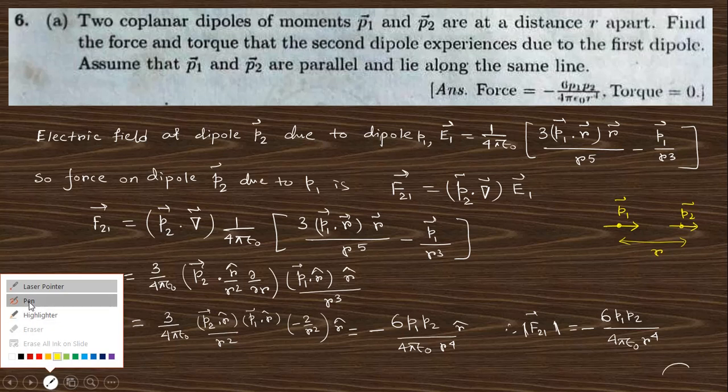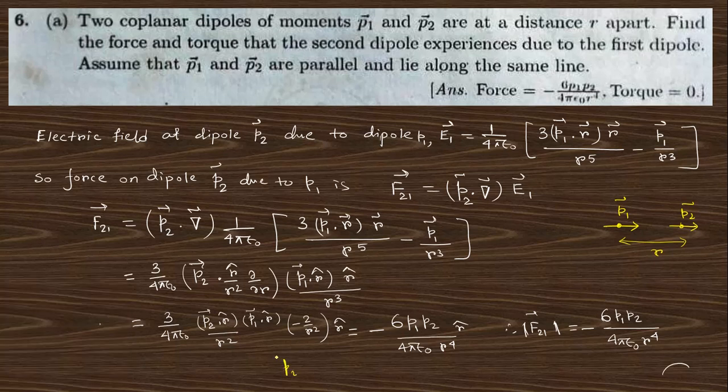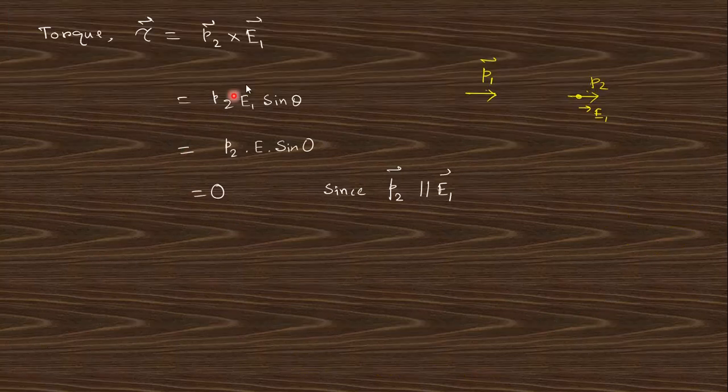P2 dot r cap will give you P2 cos 0, that is P2. Similarly, P1 dot r cap gives you P1. Clear? These are the expressions of the force.